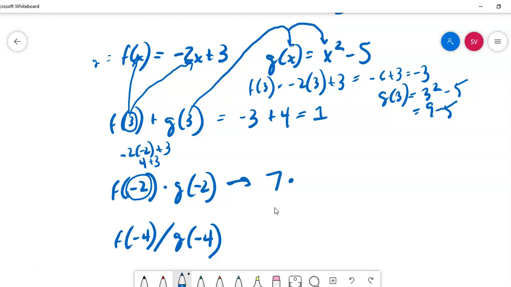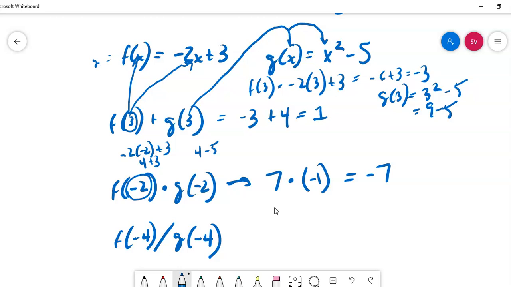Now we plug in minus 2 for x. Minus 2 squared is 4. 4 minus 5 is minus 1. So what we're going to end up with is 7 times minus 1, which is minus 7.